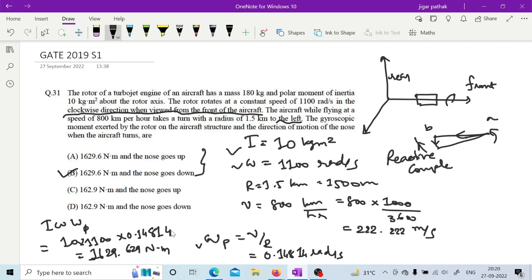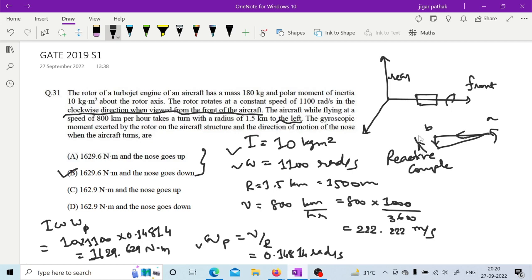Okay. ओके सर. So here this thing is clear, right, to everyone? This nose will go down because the reactive couple will try to lift this particular tail, so the nose will go down, right?